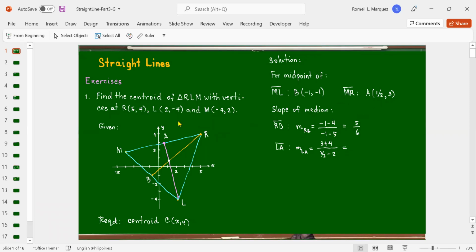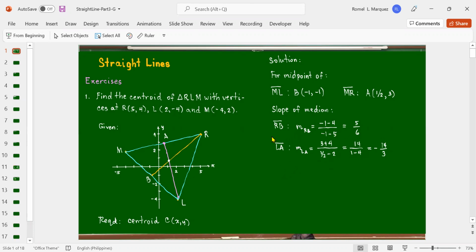Multiplied by 2, that is 14 over 1 minus 4. So we have -14 over 3.